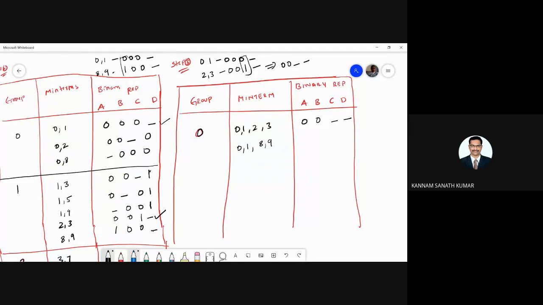All are same, this differs by one bit. You can write a dash 0 0 dash. And next 0, 2, 1, 3. Now take this one 0, 1 and 8, 9. And next, here itself I am writing.